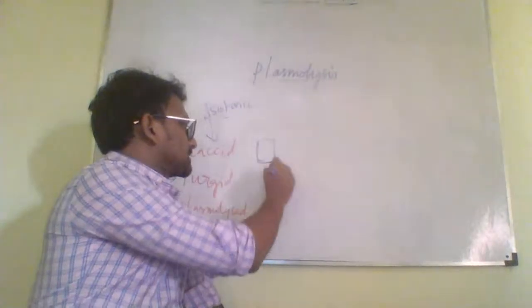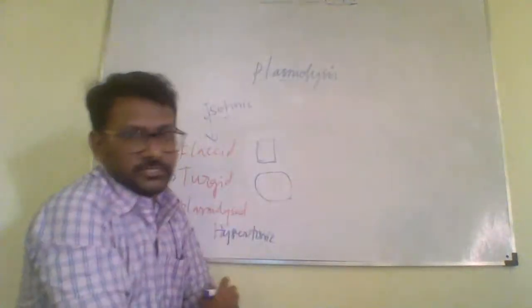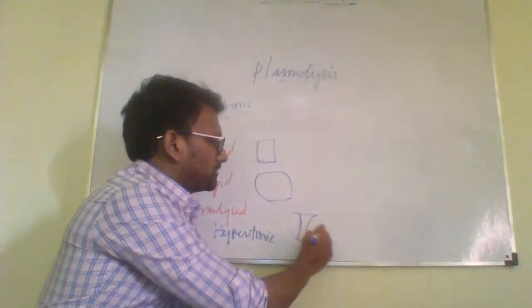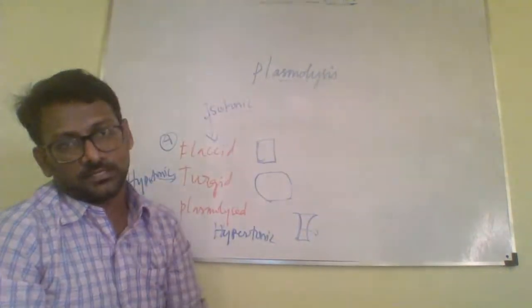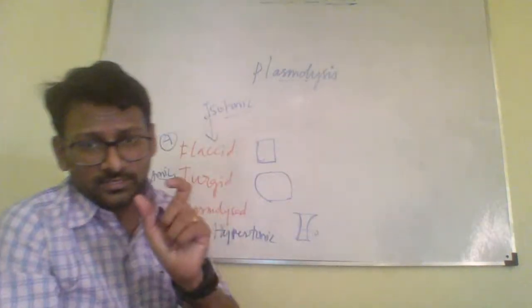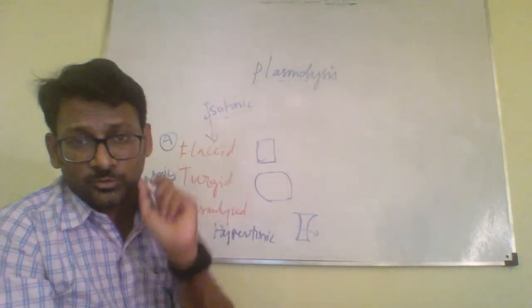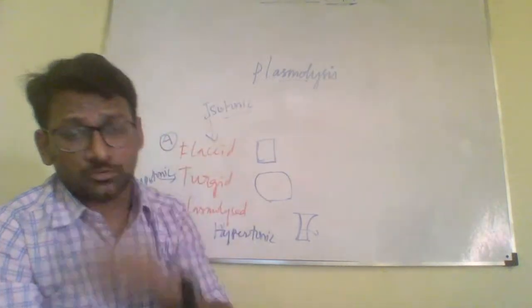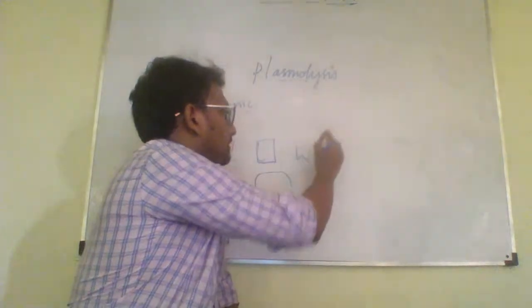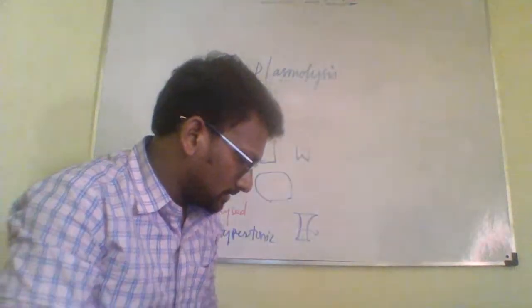Here it bulges and becomes turgid, and here it loses its water and becomes plasmolyzed. And here you try to write the water potential relation, solute potential relation and pressure potential relation also. So here water, how can we write here, very clearly.